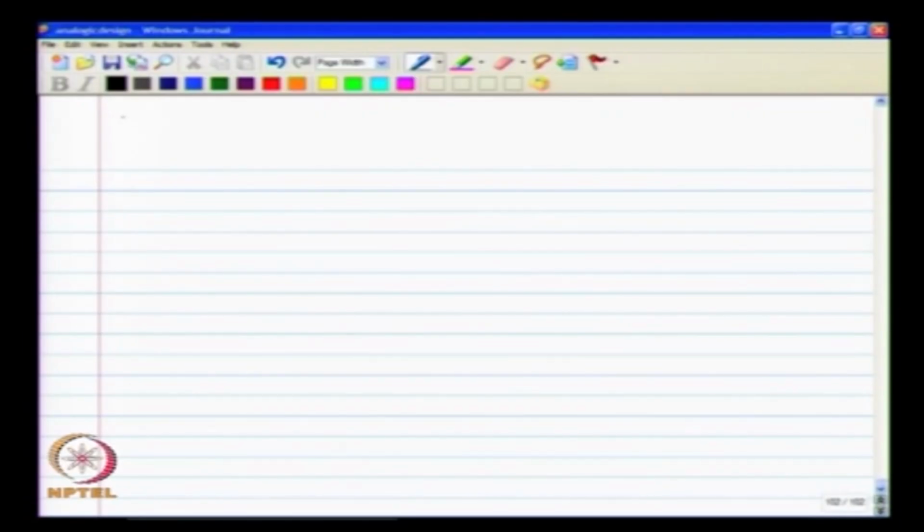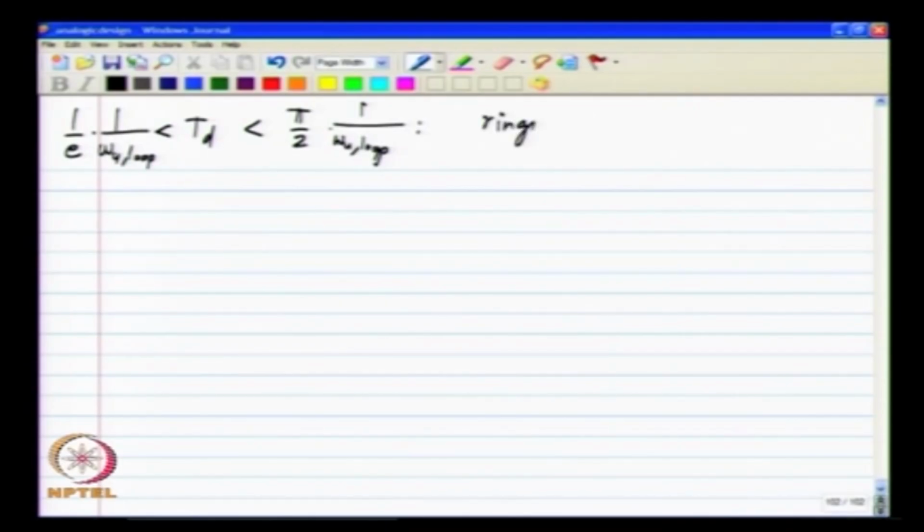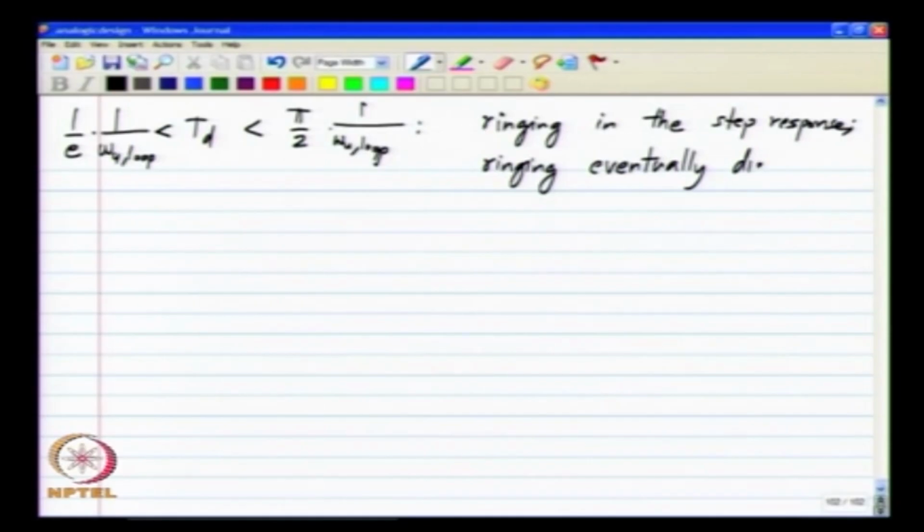Now, when Td is between 1 by E times 1 over omega u loop and pi by 2 times 1 by omega u loop, what happens is there is ringing in the step response, but the ringing eventually dies out.